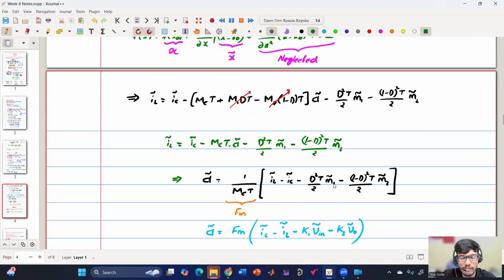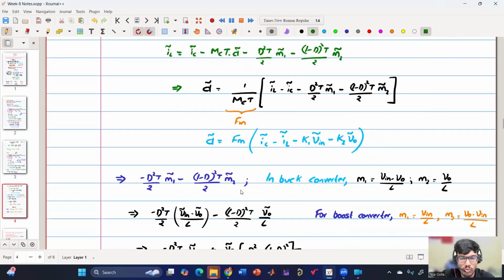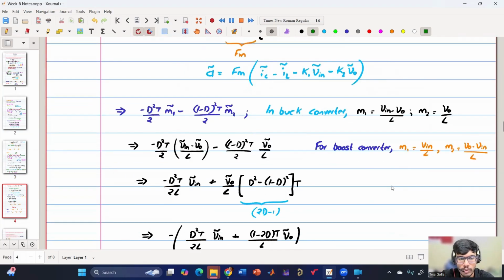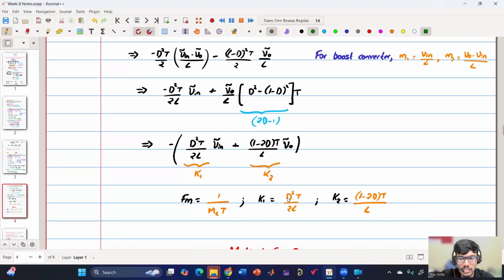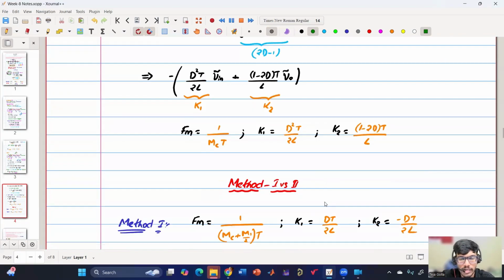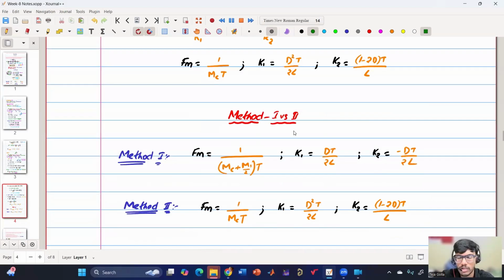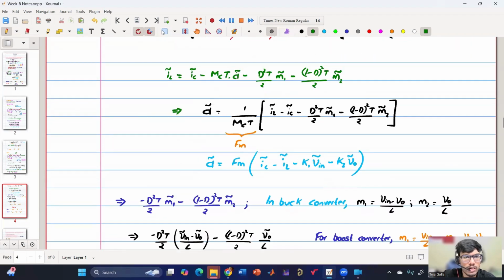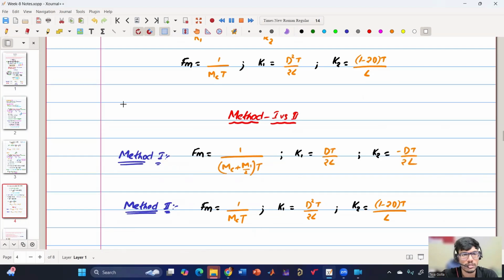Now for a buck converter, we know M1 and M2. So substituting the M1 perturb as well as M2 perturb, we can get the generalized expression in terms of FM, K1 and K2. So now just to quickly summarize between method 1 and method 2, these are the FMs, these are the K1s and these are the K2s. Maybe I should also put the generic expression. So this is the generic expression.